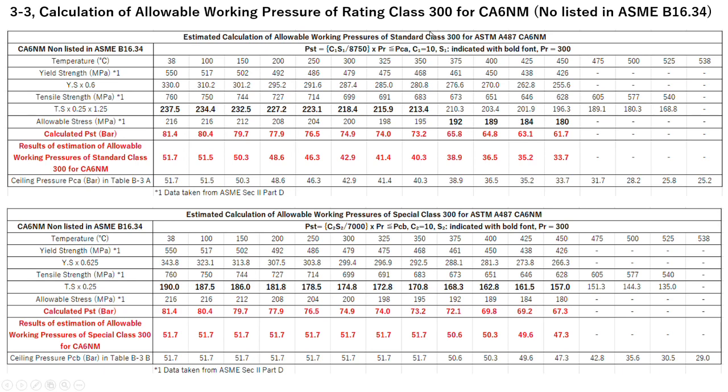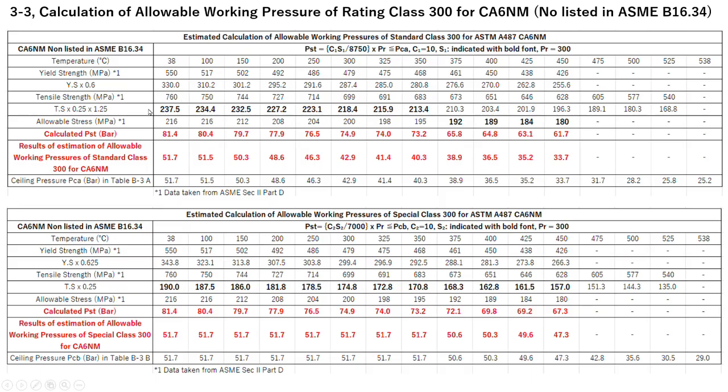So we try the rating table for CA6NM for rating class 300. The upper table is indicated for standard class 300 for ASTM A487 CA6NM, and the lower table indicates the special class 300.